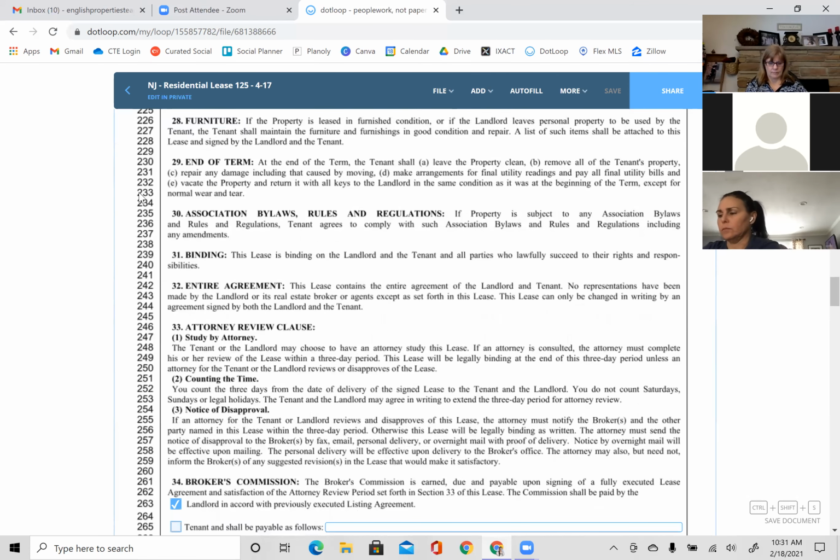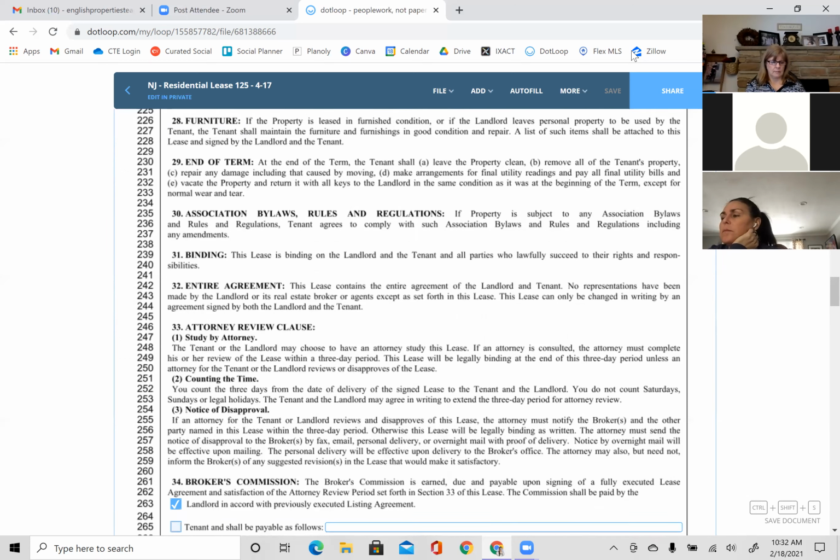For furniture, especially when it comes to short-term rentals, sometimes the property will be furnished, or sometimes partially furnished. So any furnishings that come with the property stay with the property. The same way you have to keep the property in good condition, they have to maintain the furniture in good condition.